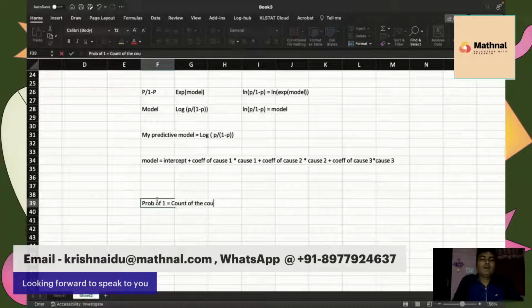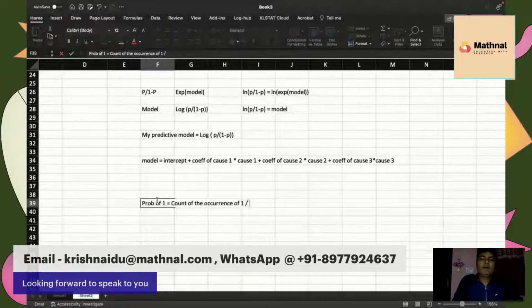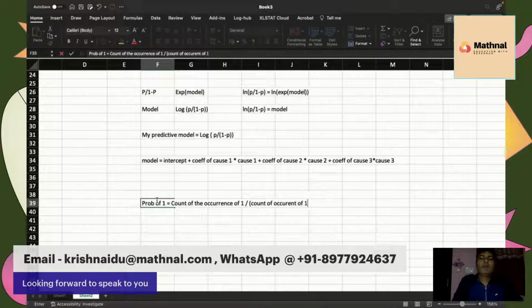The count of occurrence of 1 divided by the count of occurrence of 1 plus the count of occurrence of 0. This is the probability of 1.